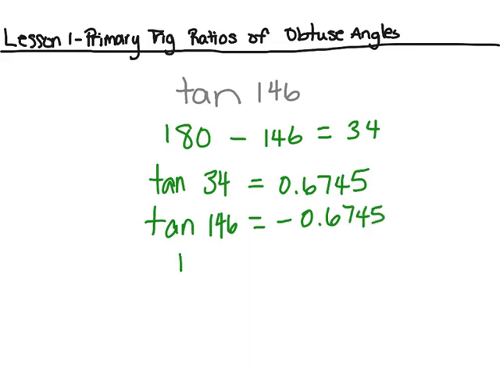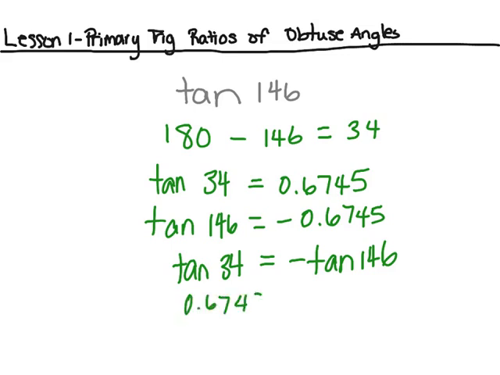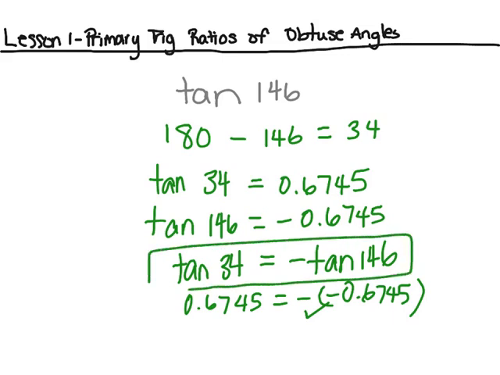And we remember that we want the tan of 34 to equal the negative tan of 146. So we have 0.6745 is equal to negative 0.6745. Two negatives make a positive. This works. This is our answer.